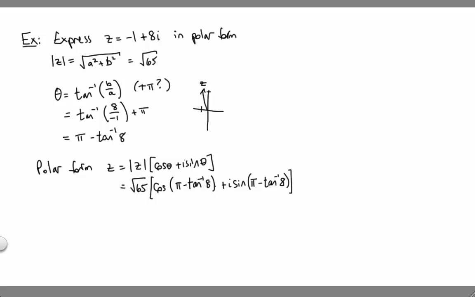So one of the reasons why polar form is useful is because it actually works out really well to multiply and divide in polar form. This fact is going to tell us how to multiply and divide quickly in polar form. So let's say that we have two complex numbers, and let's say that they're given to us in polar form.